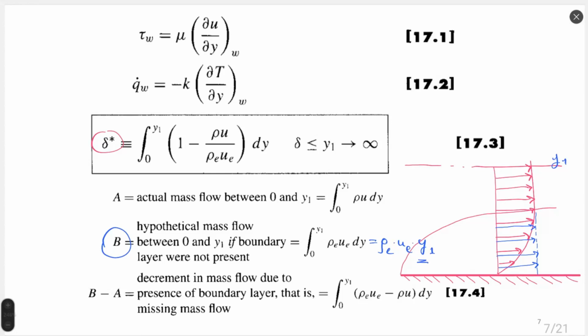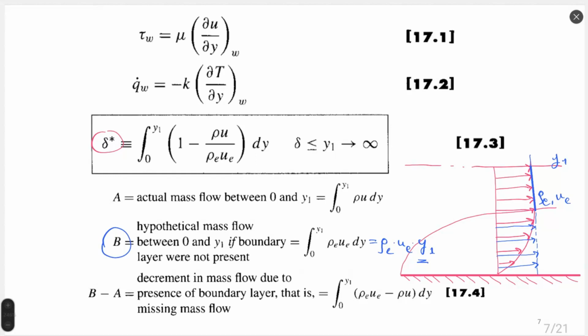Okay. What is rho e ue? Flow properties on the edge of boundary layer. Okay, they happen here on this line of constant value. We have rho e and ue, density and velocity. For incompressible flow, density will be constant everywhere.